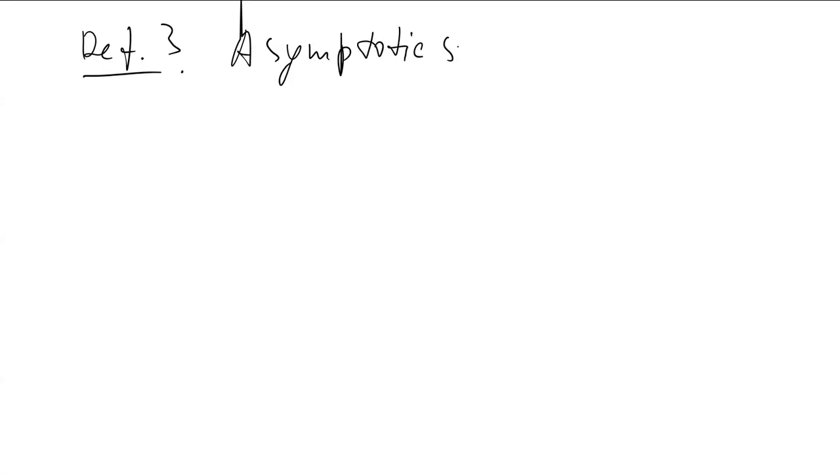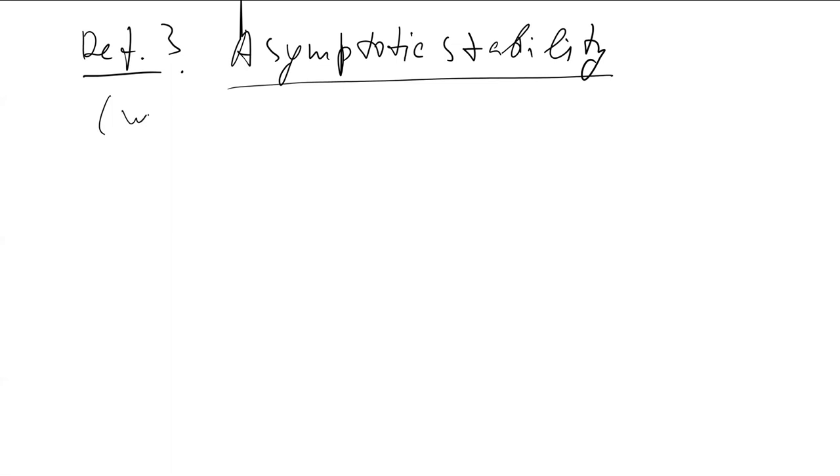For asymptotic stability, we require convergence.